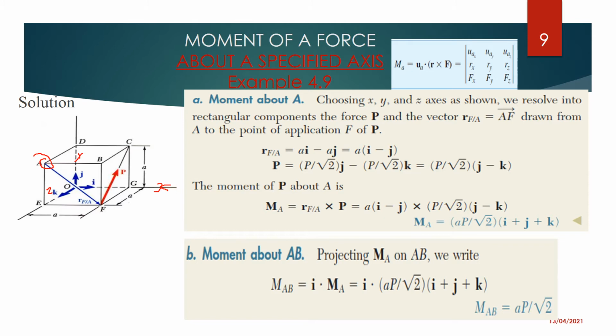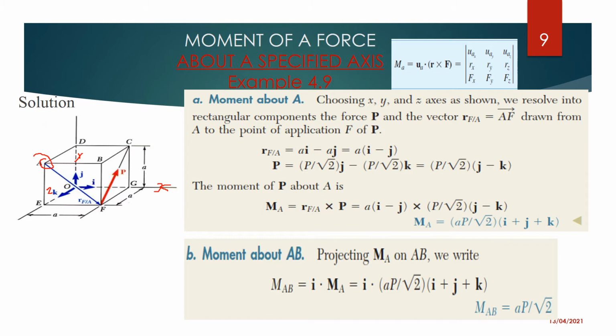Once you do that, if you can remember, the first thing that you need to do is to get the coordinates. So coordinates of A: in the X, it is supposed to be 0. Then the Y is supposed to be positive a.